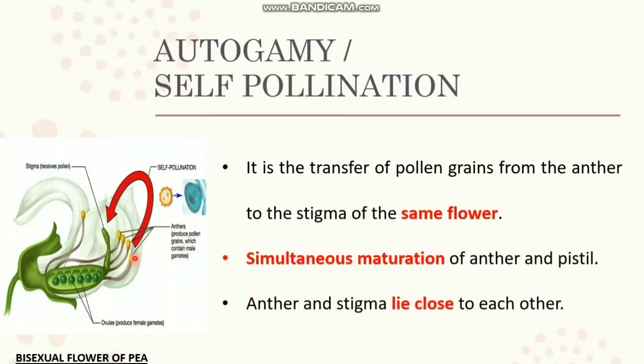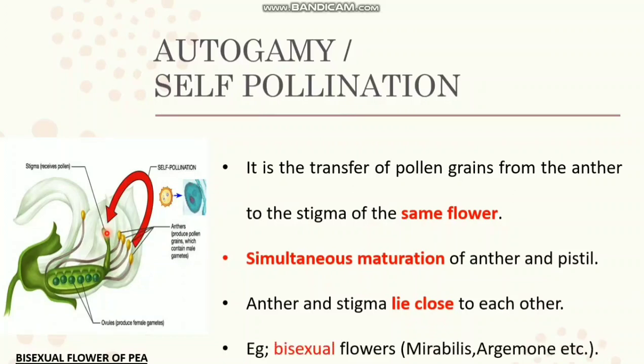Next, the anther and stigma must lie close to each other. All bisexual flowers may undergo self-pollination, but since the flowers open at maturity and their anther and stigma are exposed, they might get cross-pollinated too.